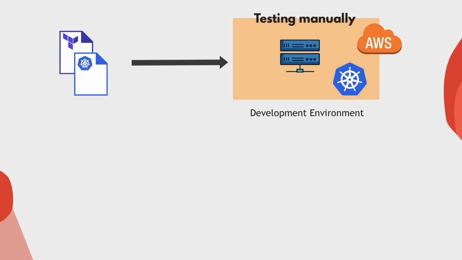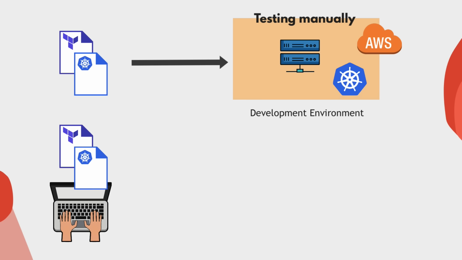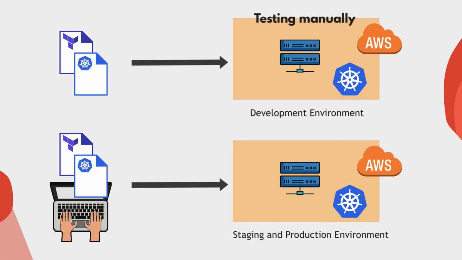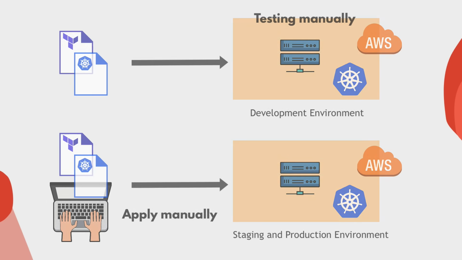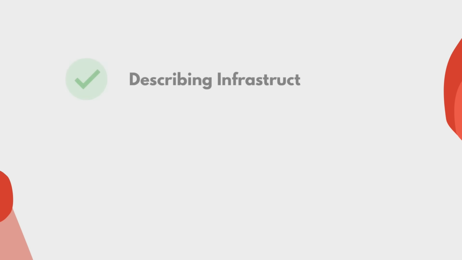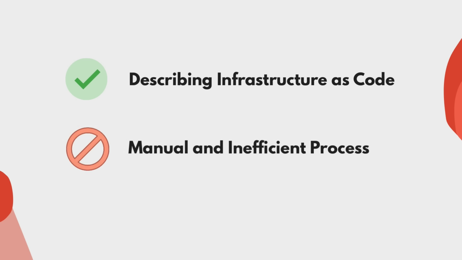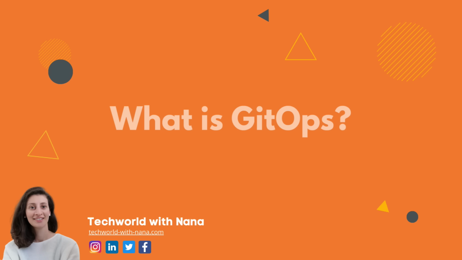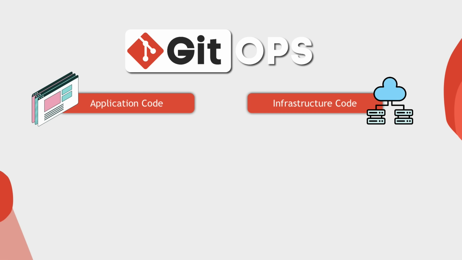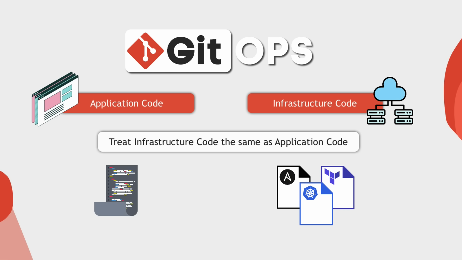And after manually testing the changes on the development environment, you will then also from your local computer apply the same changes to the staging and then production environments. So even though we have an infrastructure as code, which already has lots of benefits, our process is still mostly manual and inefficient.